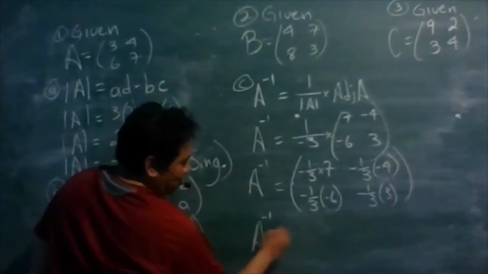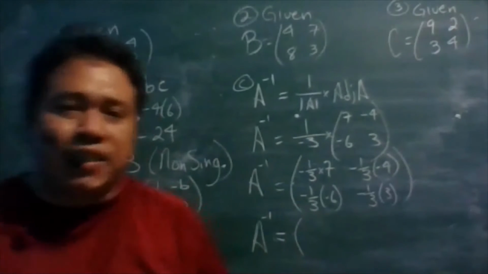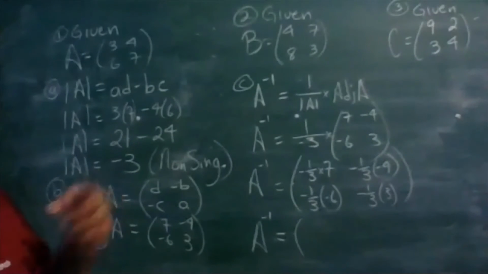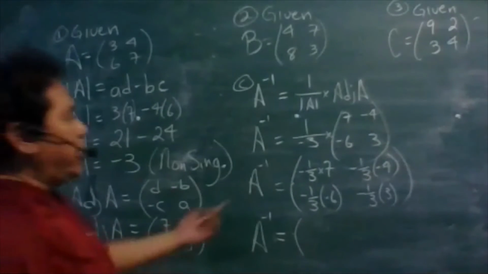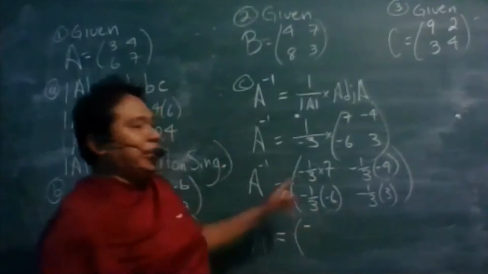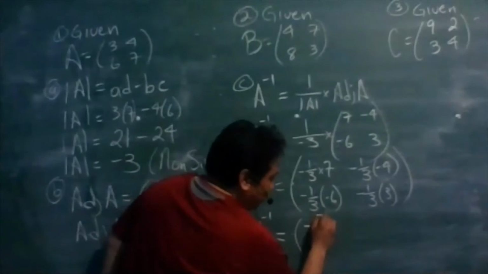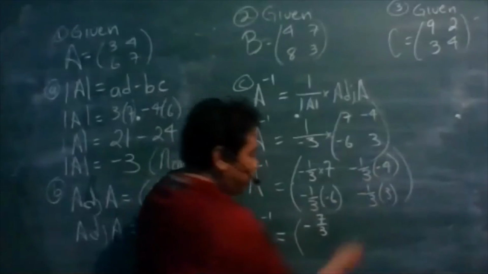So now remember, if I can't cancel it out, then all I do is leave it as a fraction. So here I have a negative times a positive, that's a negative. 7 cannot be cancelled with 3, so it's going to be 7/3. Negative times negative is a positive.